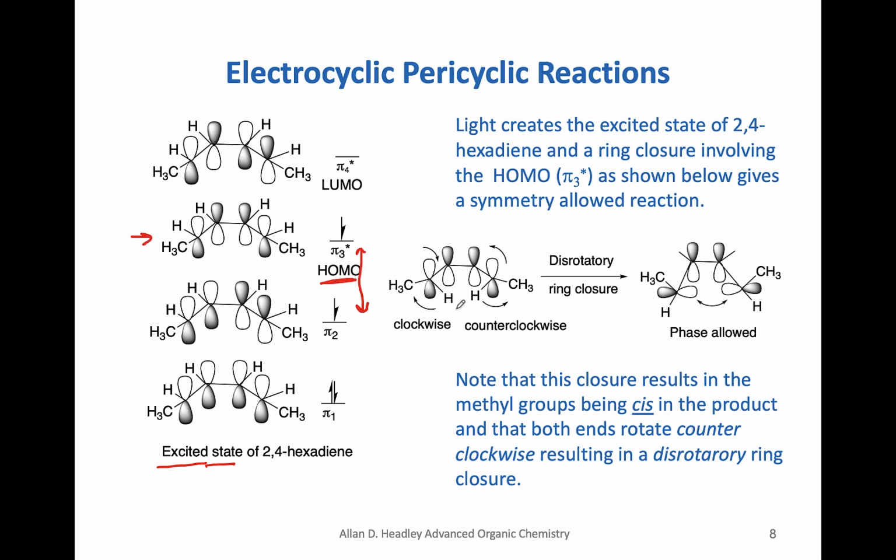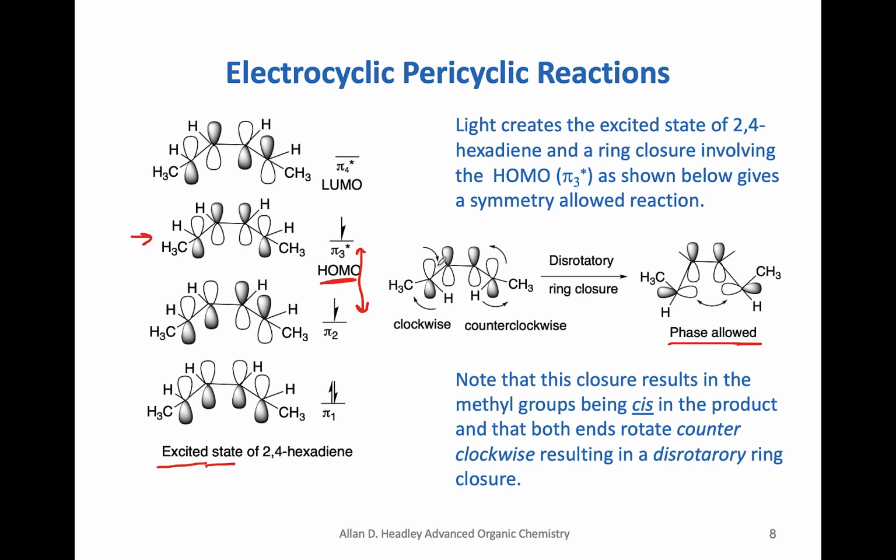Carrying out a similar analysis as we've done before, to allow for phase symmetry to be allowed, which means that the correct phasing must be in place for the bond to form.